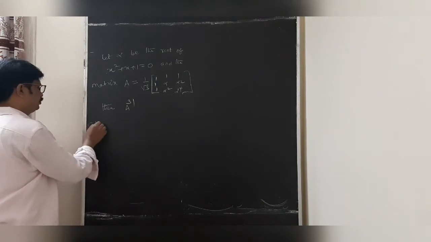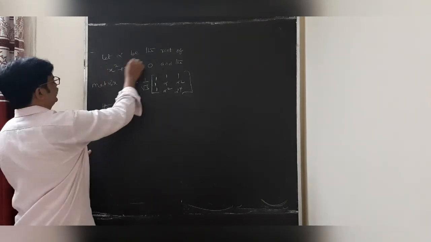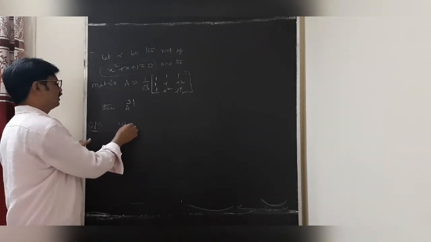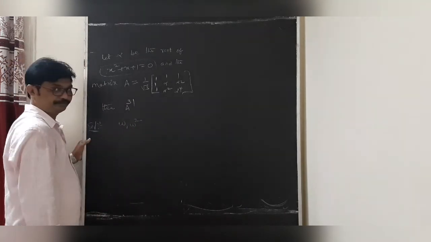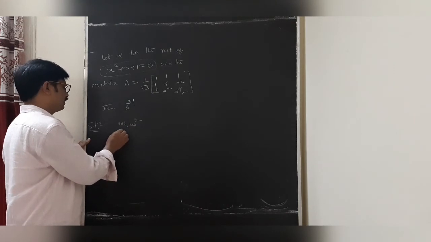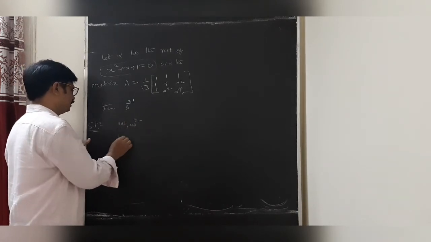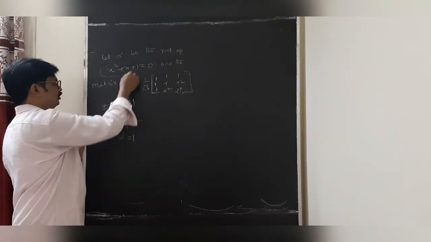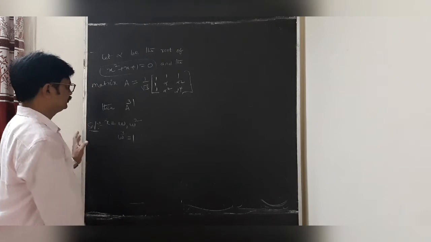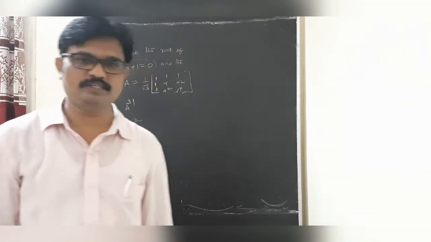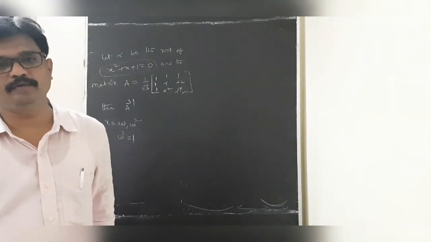Here, students, we have to know that x square plus x plus 1 has two roots, omega and omega square. When you multiply, omega cube is undoubtedly 1, everybody knows that. Here x equals omega and omega square, that is, minus 1 plus or minus root 3i by 2.